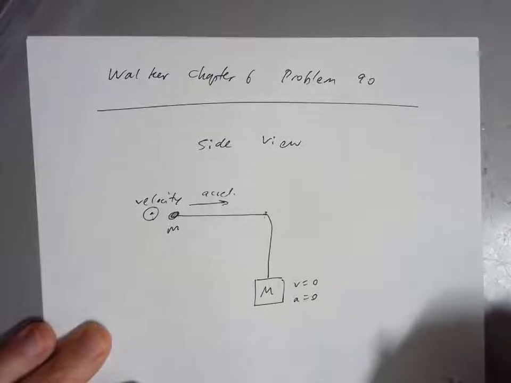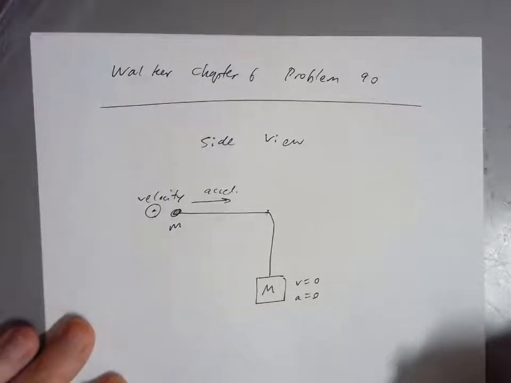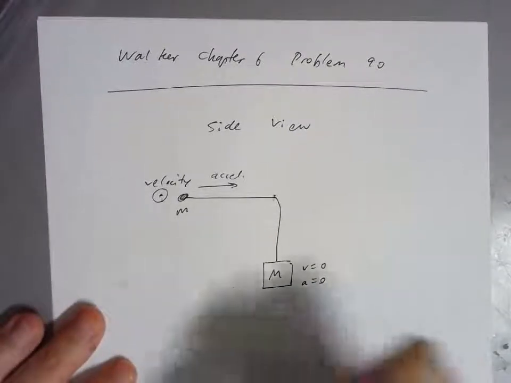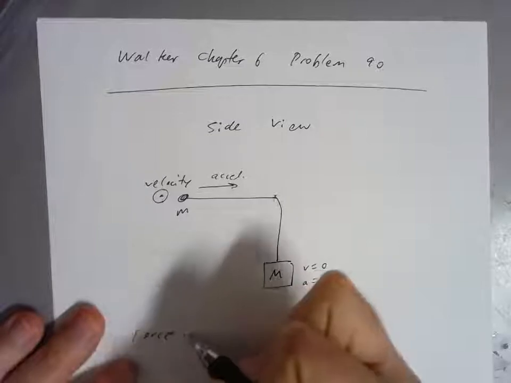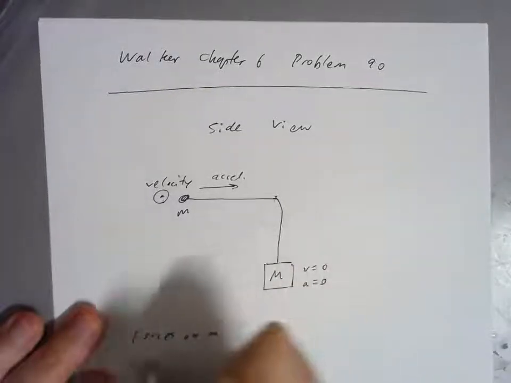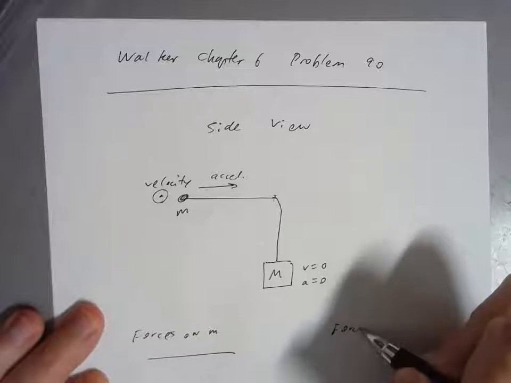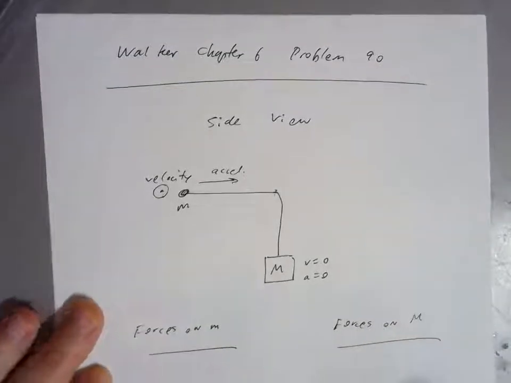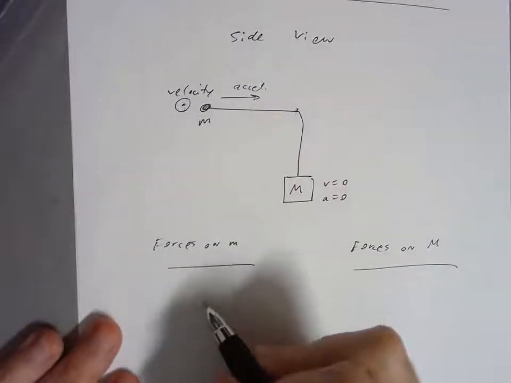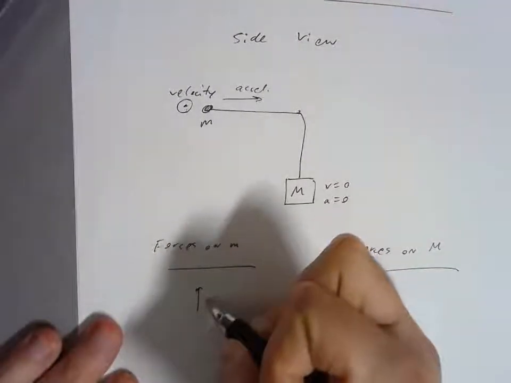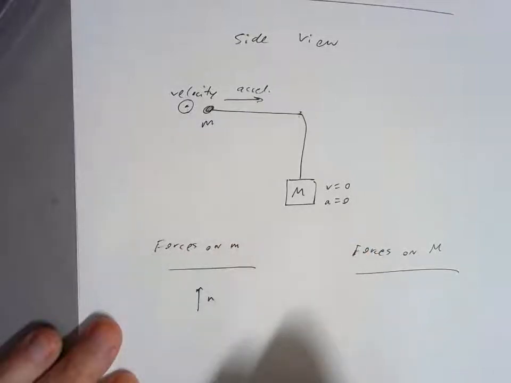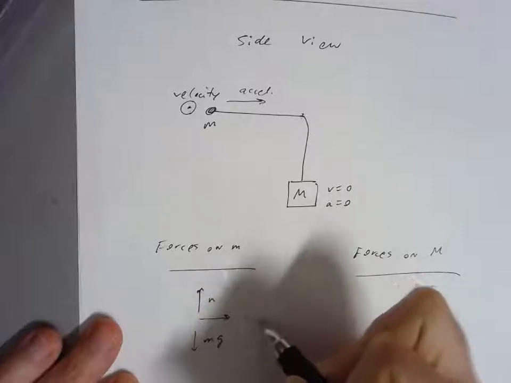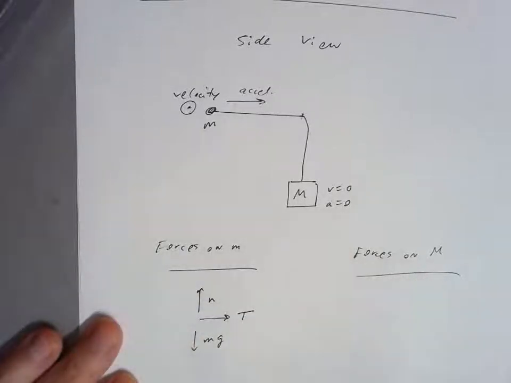So when we do our net force problems, we always want to make a force diagram for each object. So we're going to make a force diagram for the little mass, and then another one for the big mass, capital M. The little mass is sitting on a table, so we have to put the normal force and little mg, and then there's a string pulling it to the right, so that's a tension force.